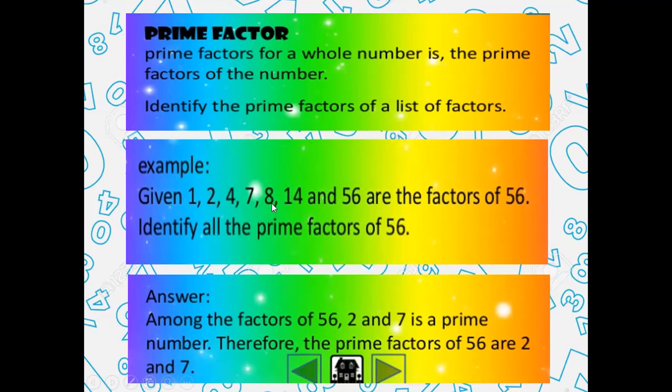All right. 8 is an even number. So even numbers, these are in pairs. And then 14 is in pairs. Okay. And 56 is in pairs. So from these numbers, the 2 is the smallest prime factor. So let's take this and 7. So we have only 2 prime factors of 56. All right, let's move on.